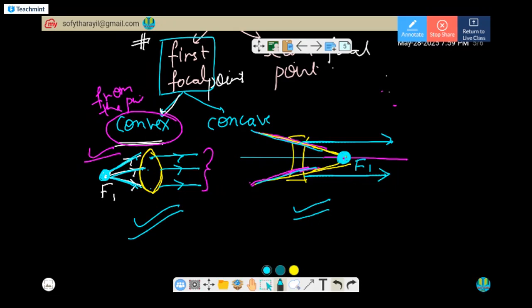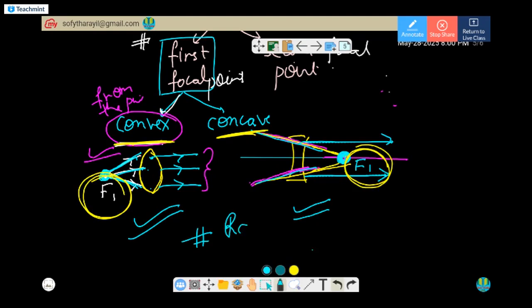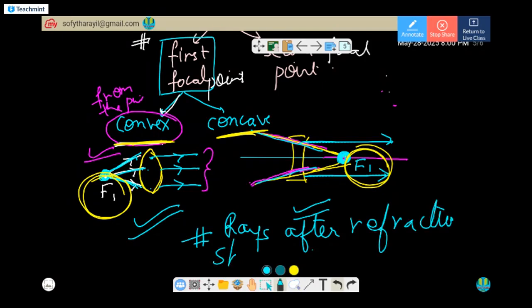The first focal point by definition is the focal point such that the rays after refraction become parallel to the principal axis. I'm writing it down: on what basis did you decide the first focal point? Rays after refraction should be parallel to the principal axis.